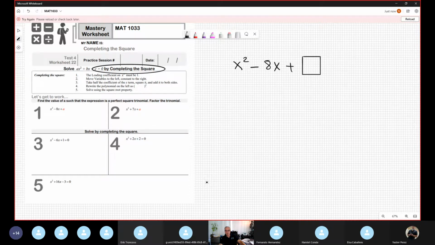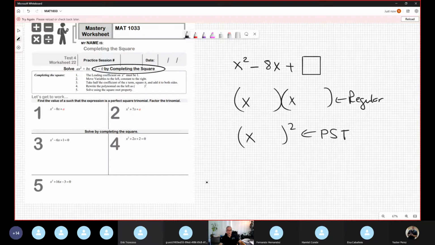And this new trinomial is a perfect square. Perfect square means that when you are doing the factorization, instead of two parentheses, only one, because they are twin brothers, squared. This is a perfect square trinomial. And this is a regular trinomial.